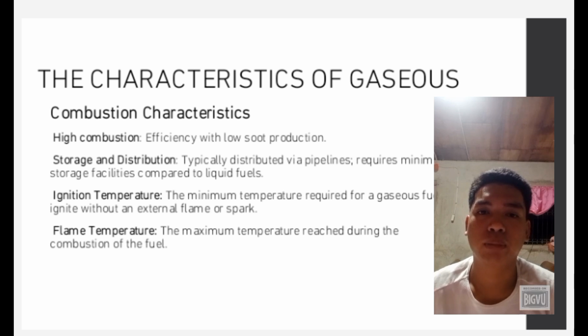Ignition temperature: the minimum temperature required for a gaseous fuel to ignite without an external flame or spark. Flame temperature: the maximum temperature reached during the combustion of the fuel.